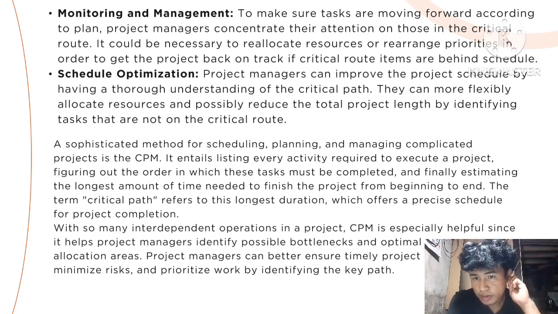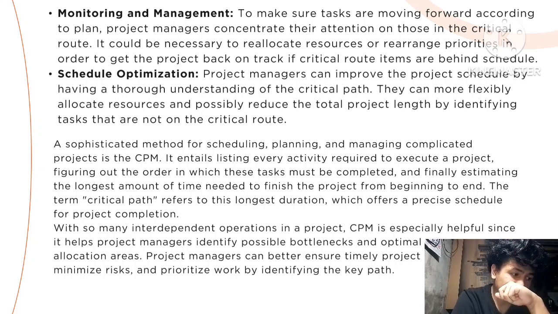Schedule optimization. Project managers can improve their project schedule by having a true understanding of the critical path. They can more flexibly allocate resources and possibly reduce the total project length by identifying tasks that are not on the critical route.